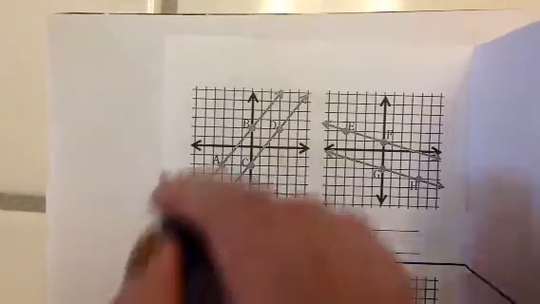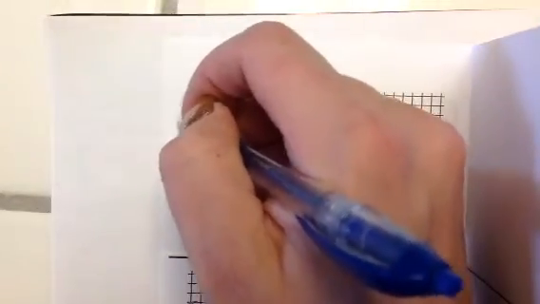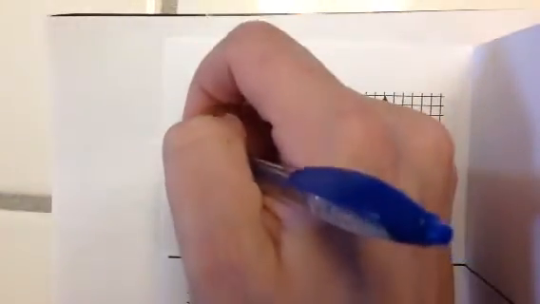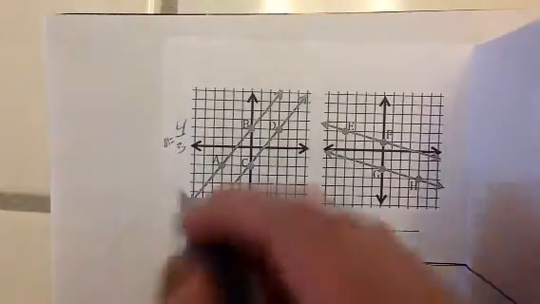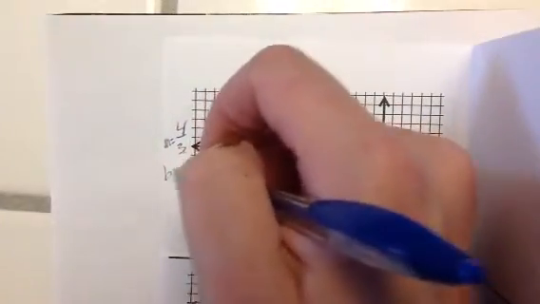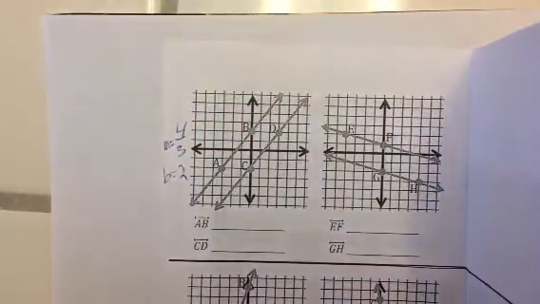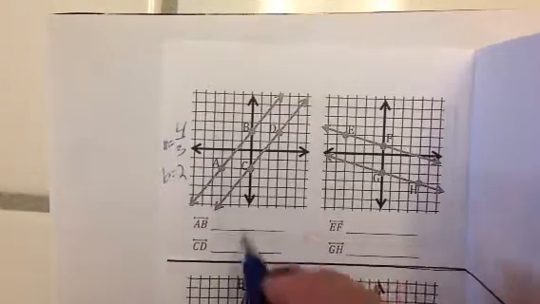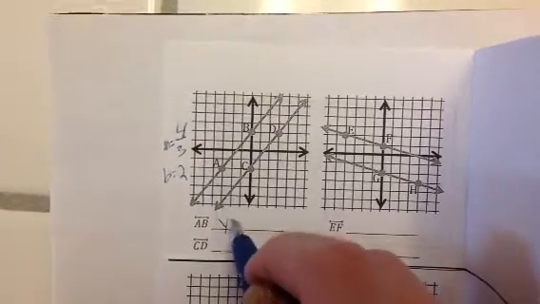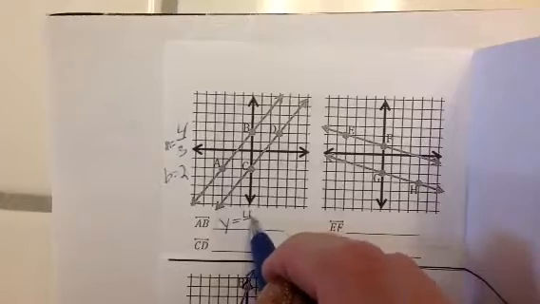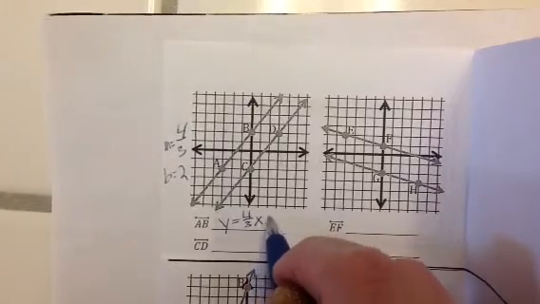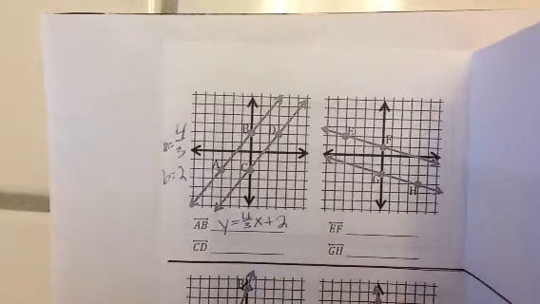So we have a slope of 4/3, that's M, and then we have a y-intercept, B, of 2. So my equation for AB is y equals 4/3 x plus 2.